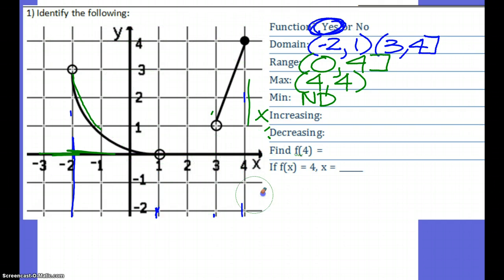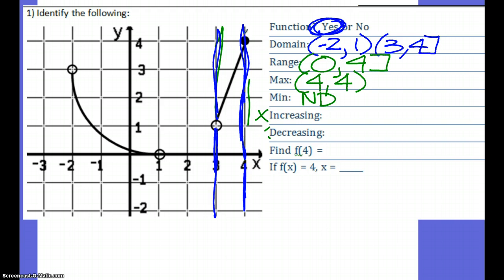Make sure that we have our blue color back because we're using x values. So here we know that it is from 3, positive 3, and it increases until we reach 4.